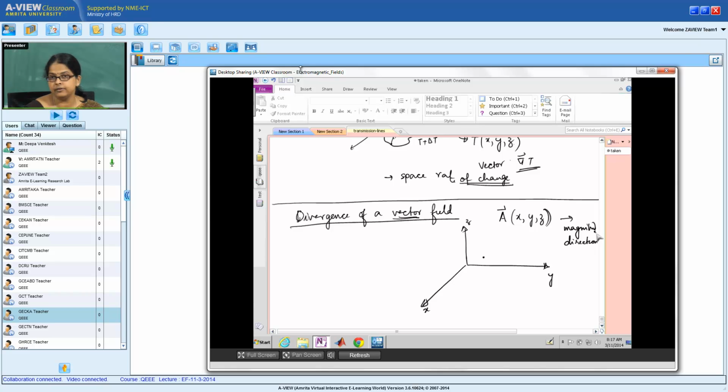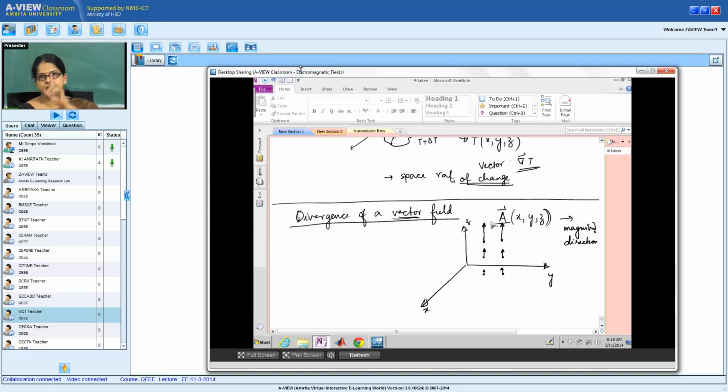So at every point in space I should be specifying the direction also. So let us say I want to specify this vector field at these 4 points, right, or 6 points. It's possible that the vector field is this. This is an example of a vector field. What are these arrows indicating? These arrows are indicating that this vector field is in the direction of z.